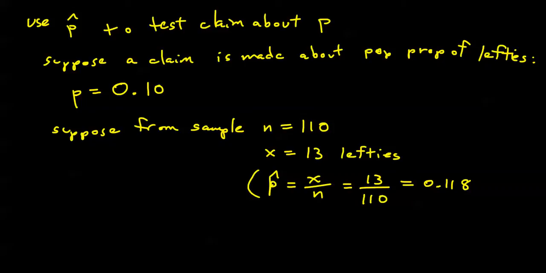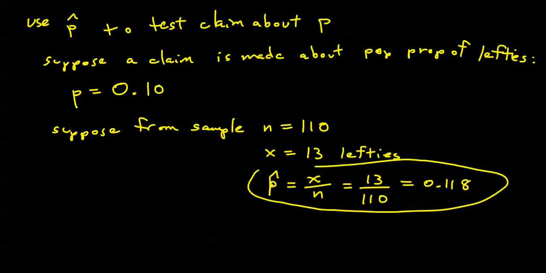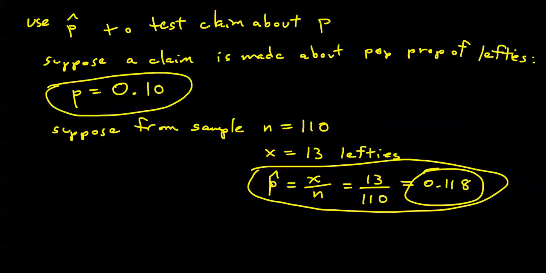Alright, so we get this sample proportion, and the crux of the matter here is, does this value from the sample enable me to claim this is false? Right? So the real idea here is, well, let me write this down.